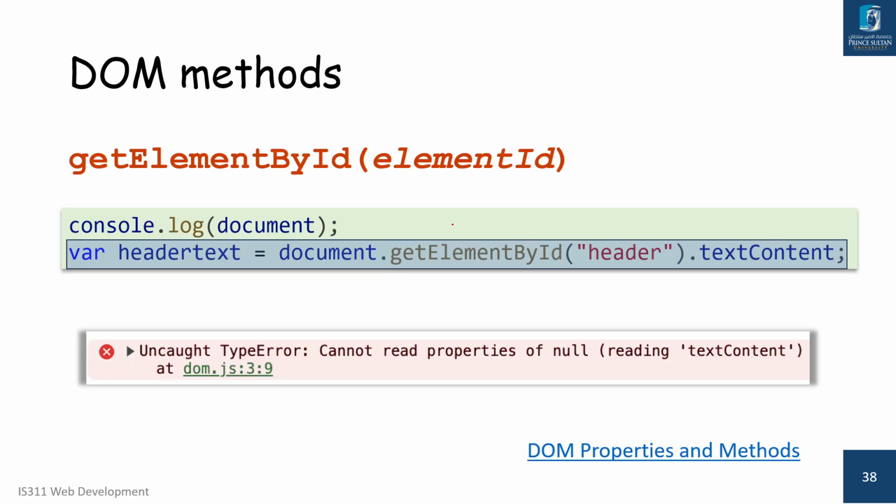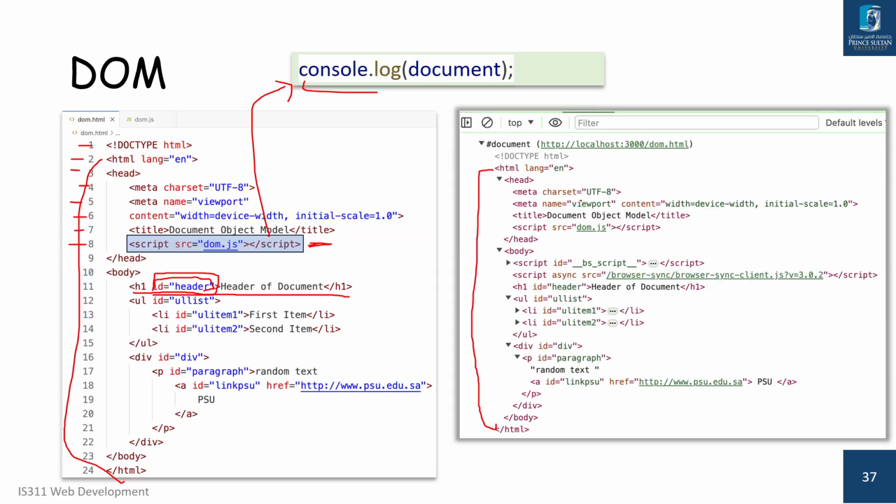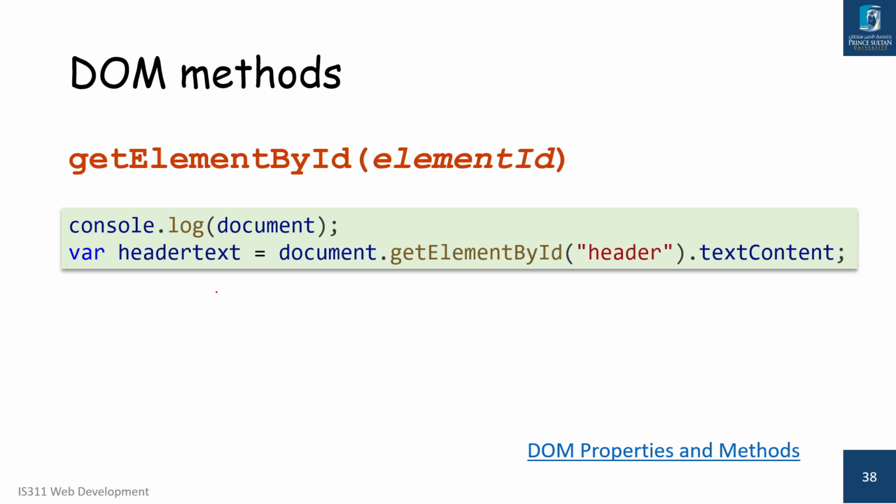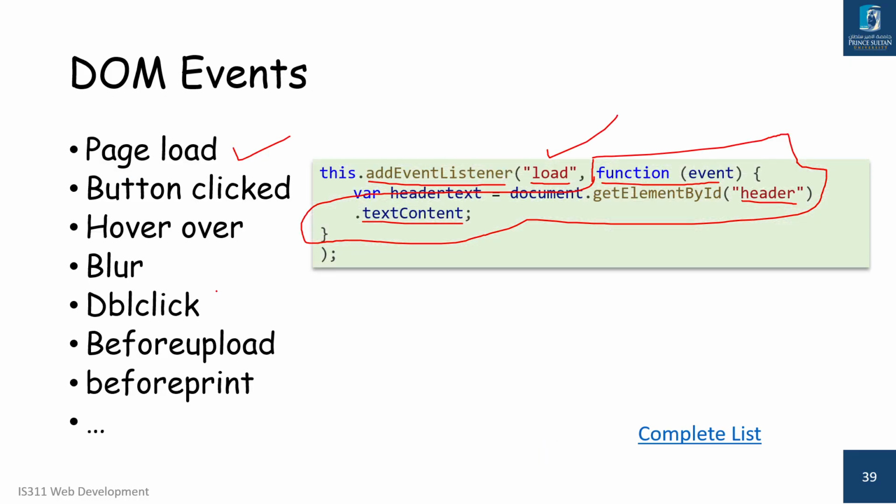It will give me back this header of the document at this point, and we are saving that inside headerText. If you want to see the complete list of events which exist in the DOM, you can click on the list and it will take you there.